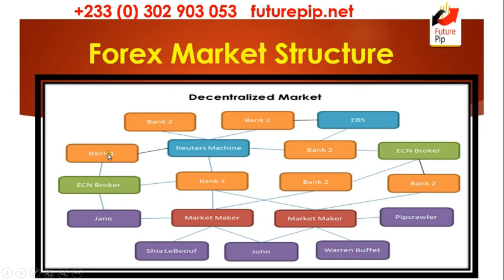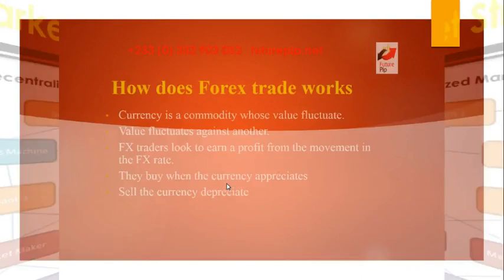And then I have Bank 1, Bank 2, Bank 3, and so many of them. And then I have Reuters machines, and EBS. And these are interrelated, interconnected to each other to form the market called the forex market.